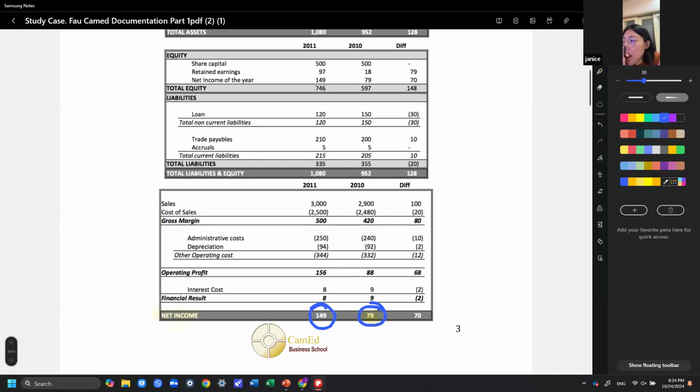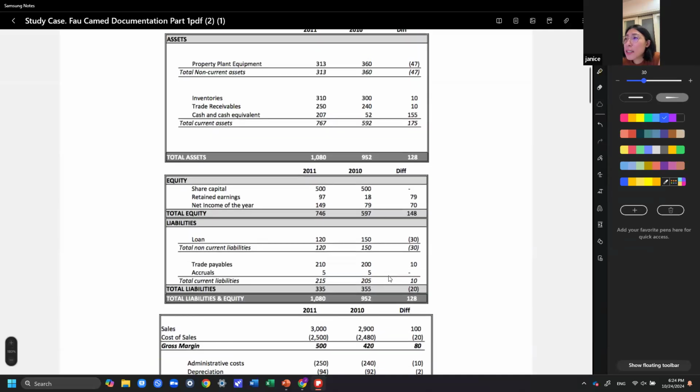So the company is doing good. It's having more sales. The sales are pretty much the same. Oh, okay, they increased a bit and they're able to manage the cost.